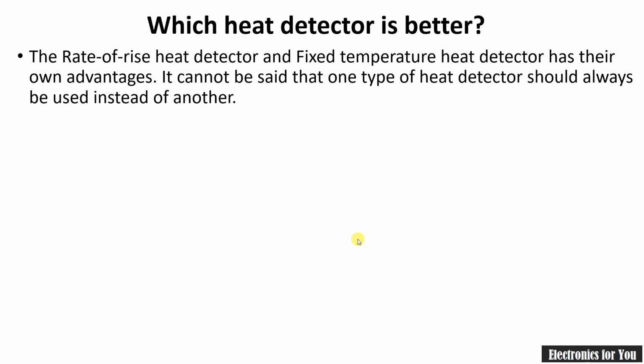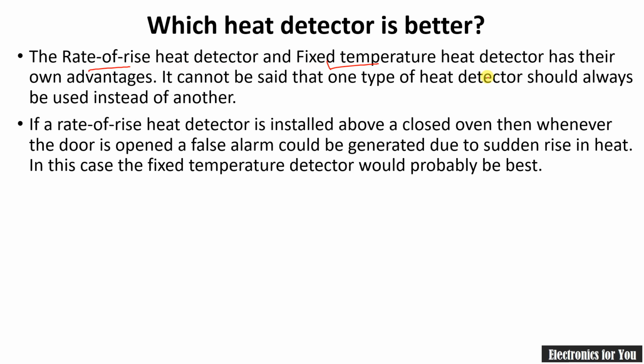Now let's see which heat detector is better. Generally we use both the rate of rise detector as well as the fixed temperature detector, because one cannot say which is better. Let us assume the first condition.